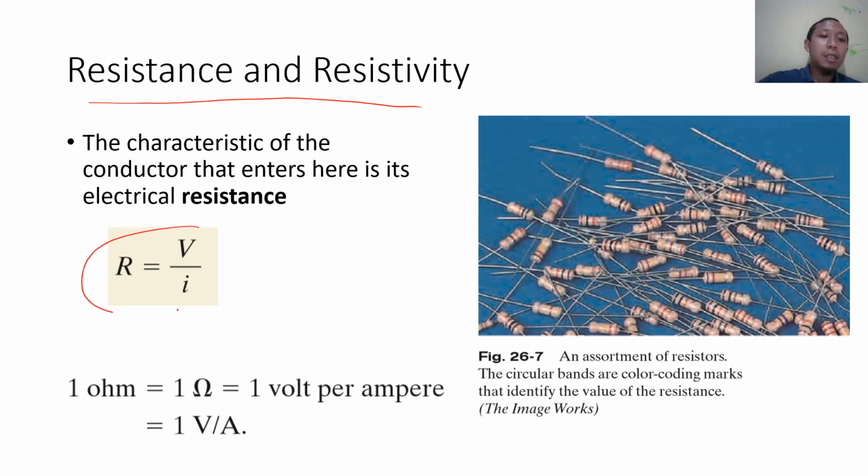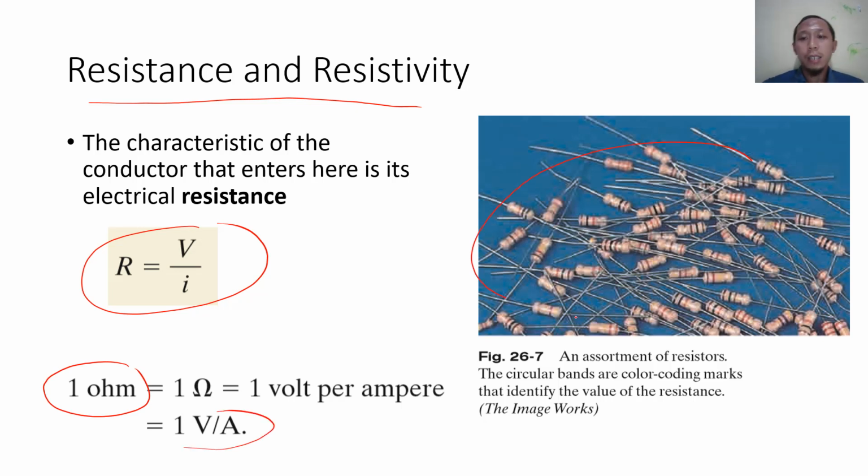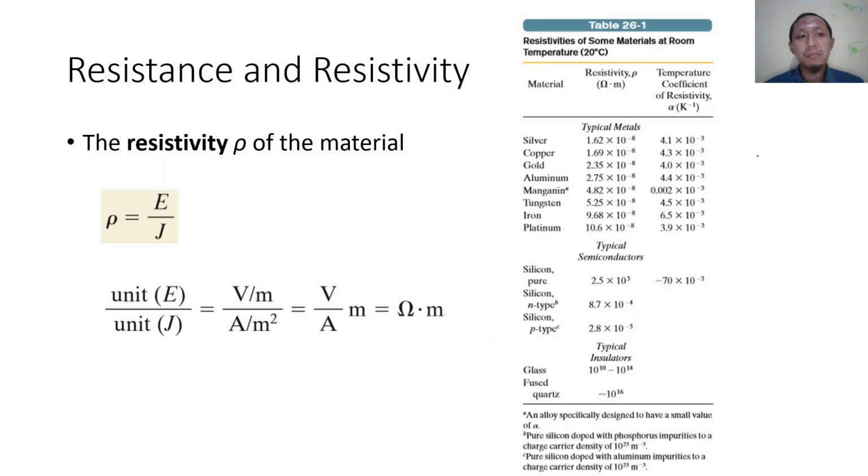So R in the circuit is V per I. V is the potential difference between one node and another node in the circuit, and I is the current. So 1 ohm in the resistance unit is 1 volt per ampere. And this is the resistor, you can see. And every material has a resistivity. Resistivity depends on the material.